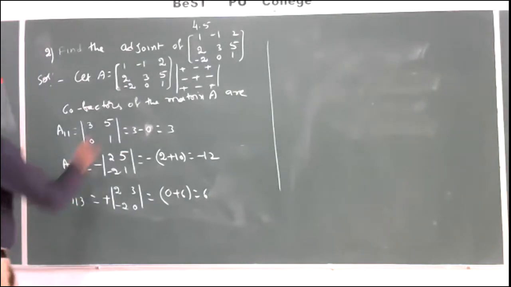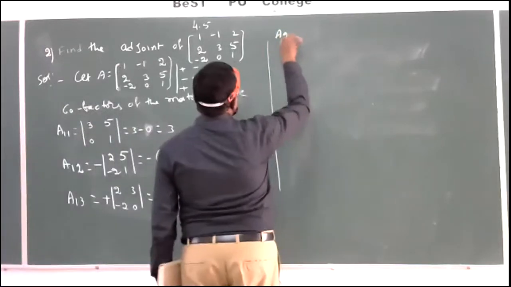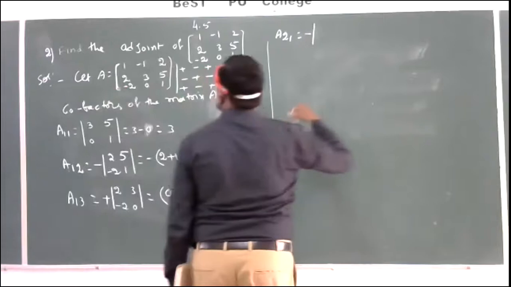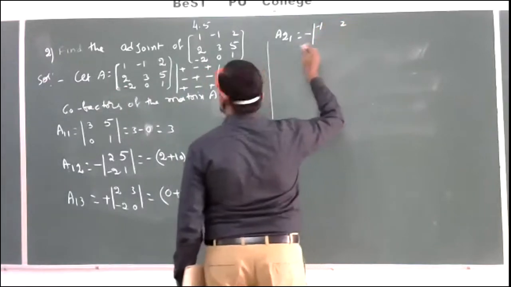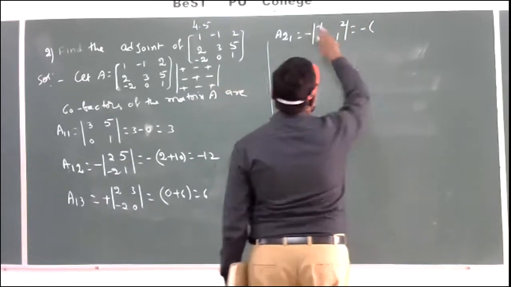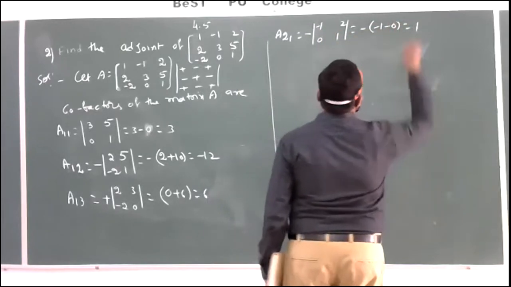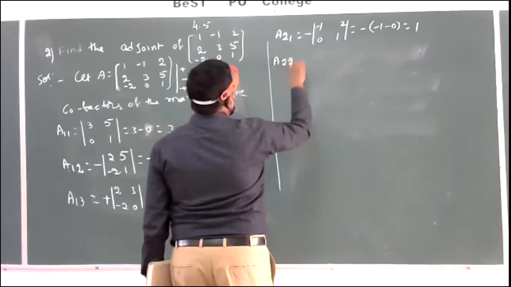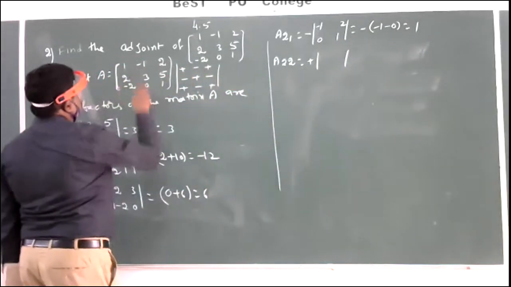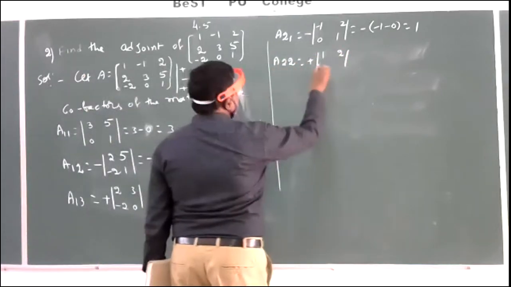Next, first row is completed, take second row. A21 means minus, leaving the second row and first column, [minus 1, 2; 0, 1]. This is equal to minus of minus 1 into 1, minus 1, then it is plus 1. A22, plus, leaving the second row and second column, the elements are [1, 2; minus 2, 1].